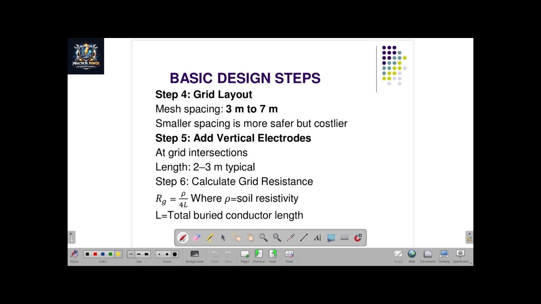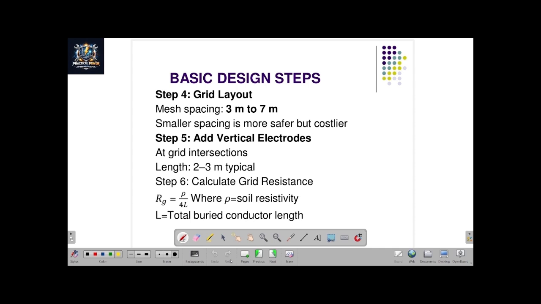In step 4, the grid layout. Mesh spacing should be 3 meter to 7 meter. Smaller spacing is safer but costlier. So we add vertical electrodes where the earth resistance is high.